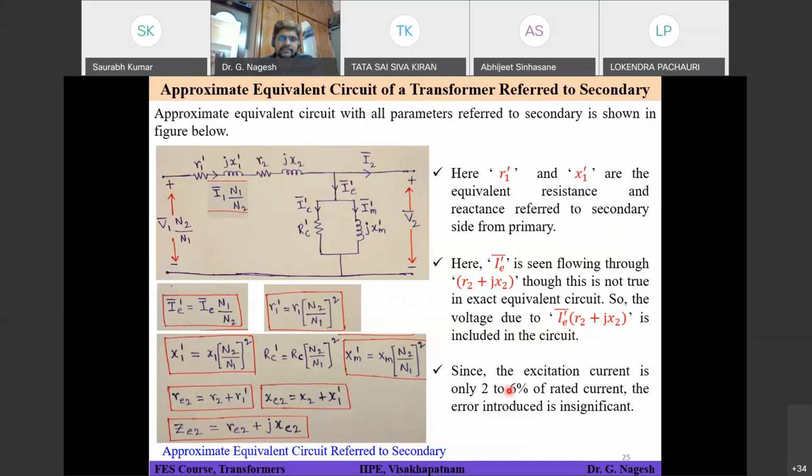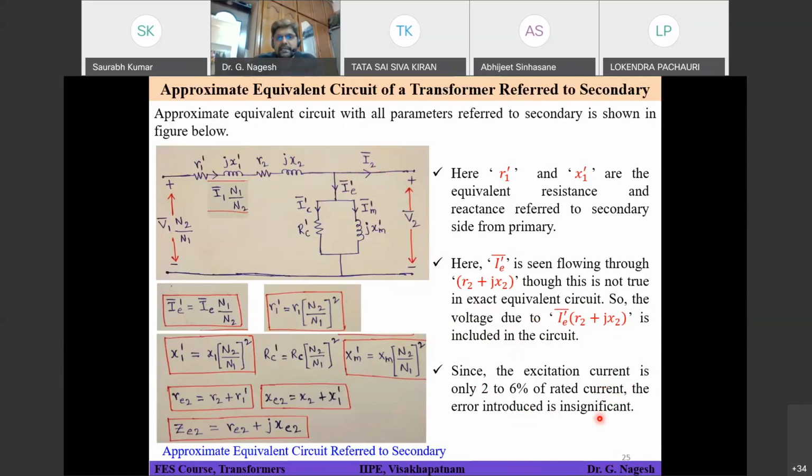The excitation current is only 2 to 6% of the rated current. That means if your actual current I2 is 100 amperes, the excitation current will be something like 2 amperes to 6 amperes of the rated current. Rated current means the secondary current I2. So the error introduced by this is insignificant. Understood?